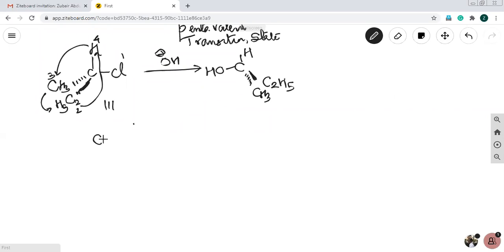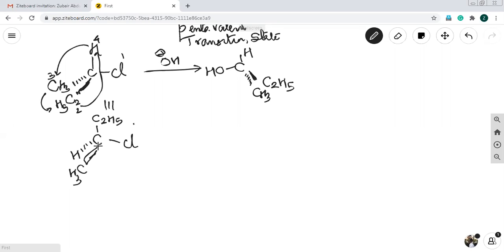So you can write this. Let me take the C2H5 up. Then to the back I have the hydrogen. To the front I have the CH3. And I have the Cl here.